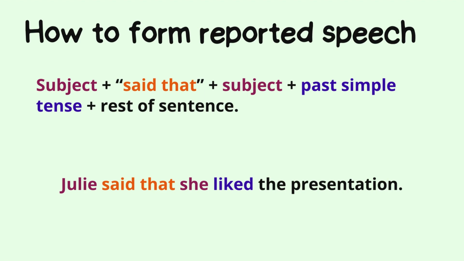So if the direct speech is, "I like the presentation," the reported speech would be, Julie, that's our subject, said that she, that's a pronoun for Julie, still the subject, the past simple tense, liked, and then the rest of the sentence, the presentation. "Julie said that she liked the presentation."